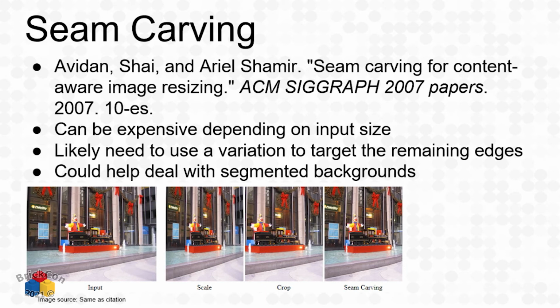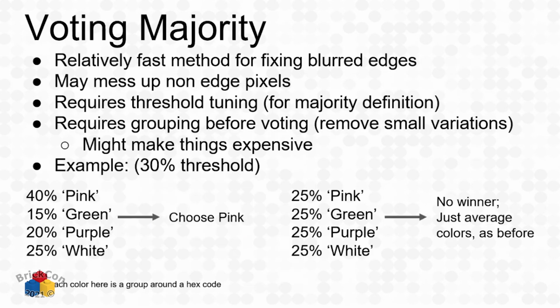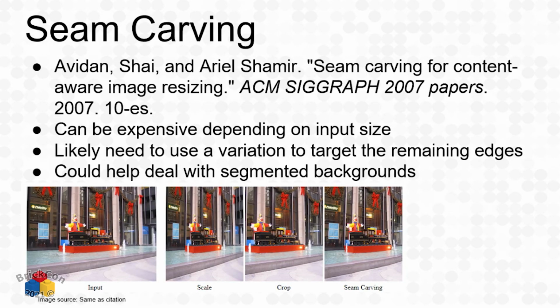I'm not going to go into too much detail, but look it up. It's really cool. Downside, once again, like the last one, it's expensive. I have a GPU accelerated version, but it's really expensive to run from a performance perspective.